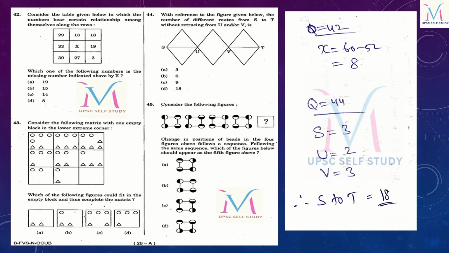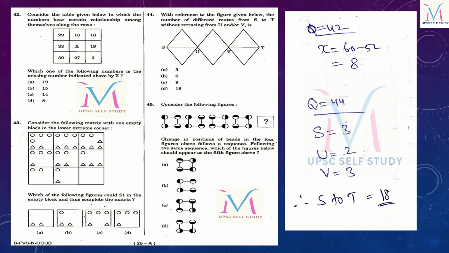Which one of the following could fit in the empty block and thus completes the matrix? Okay, if we observe the first and the second row, we find circles decreased by 1 in every next figure.